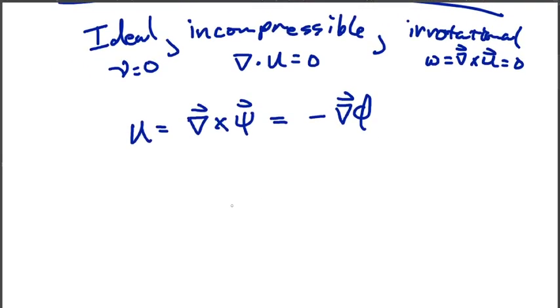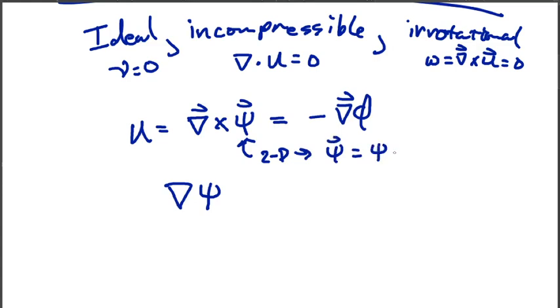And from looking at the components, you can see that we actually have a relationship of the two. If you took the gradient of psi, and here I'm going to treat psi as a scalar for a 2D flow. For 2D flow, psi is just the z component.